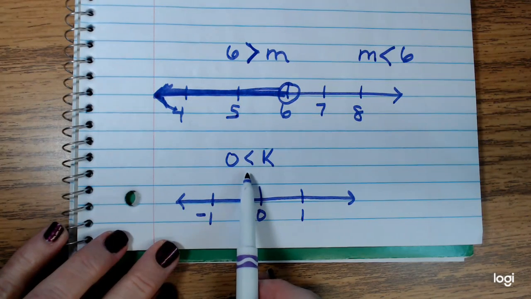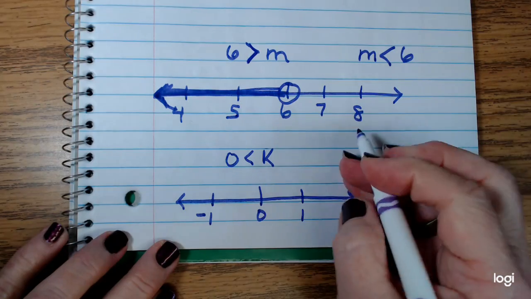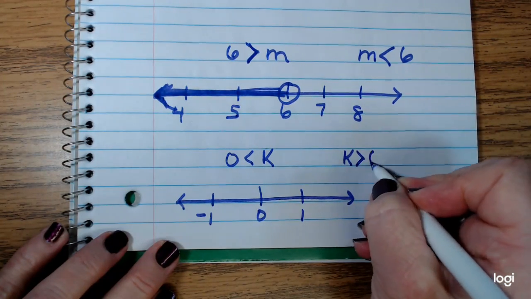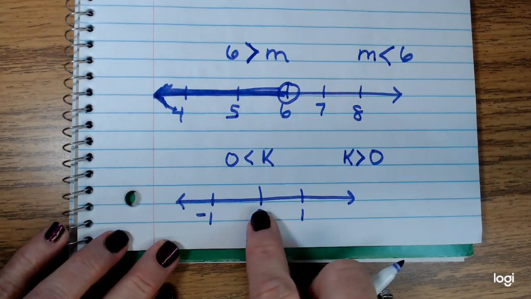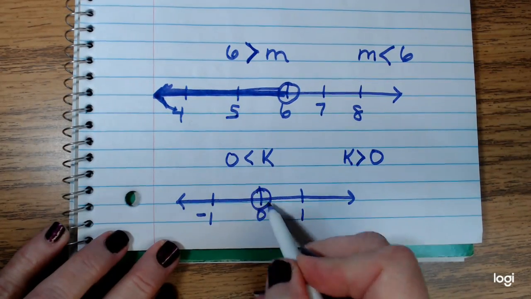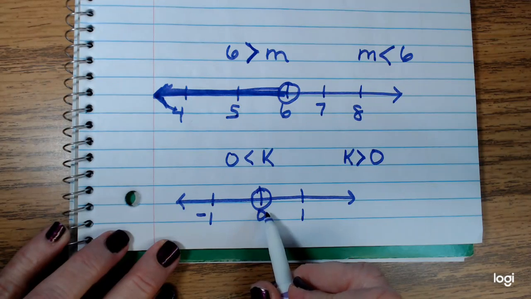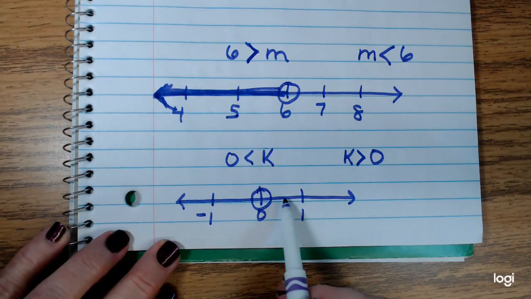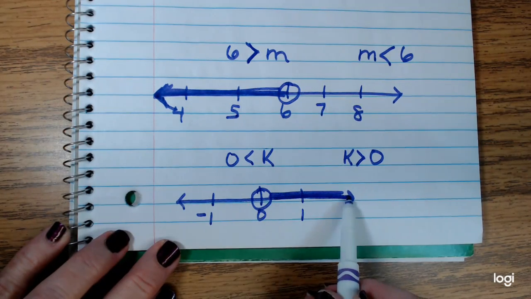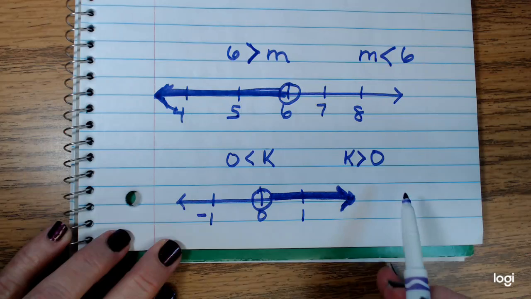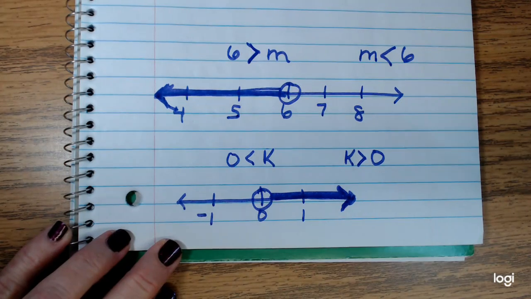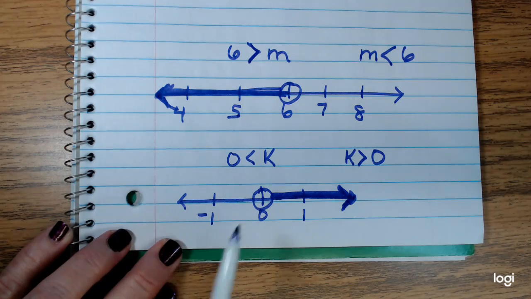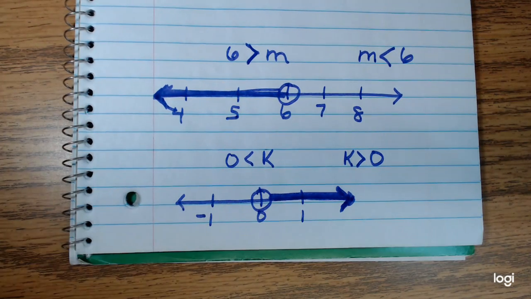So I'm going to turn my inequality around. I want my variable to be first. I'm going to say k is greater than 0. 0's here. Do I get to color the circle? I still don't get to color the circle. There's no equal sign. And I'm going to say it's greater. And so I basically am coloring the same way that my inequality is pointing. If I would have left my inequality this way and colored, I would have gone the opposite direction.